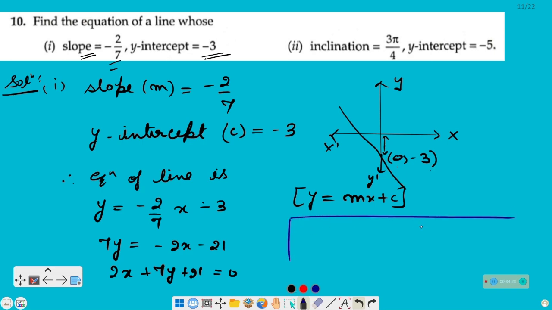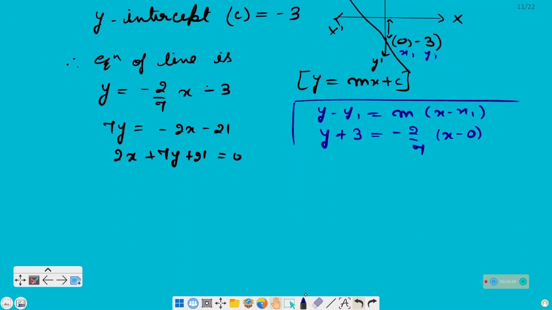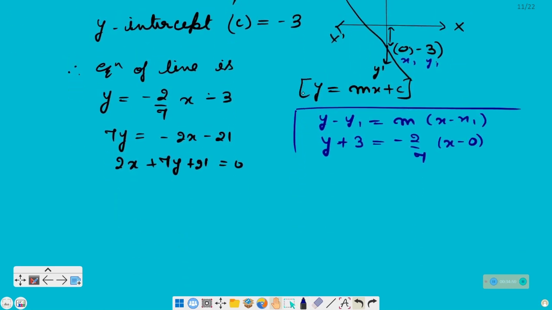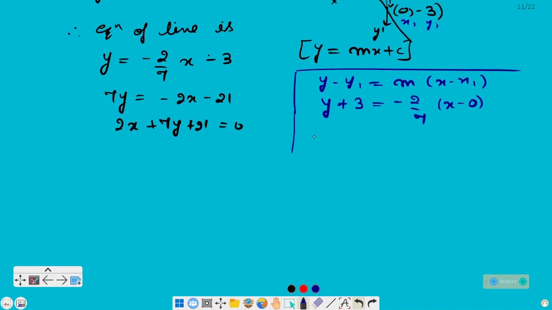So the equation of line will be y minus y1 equals m into x minus x1. Put the values. y1, this is the point, that is -3. m is -2/7 slope and x1 is 0. 2x plus 7y plus 21 is equal to 0.